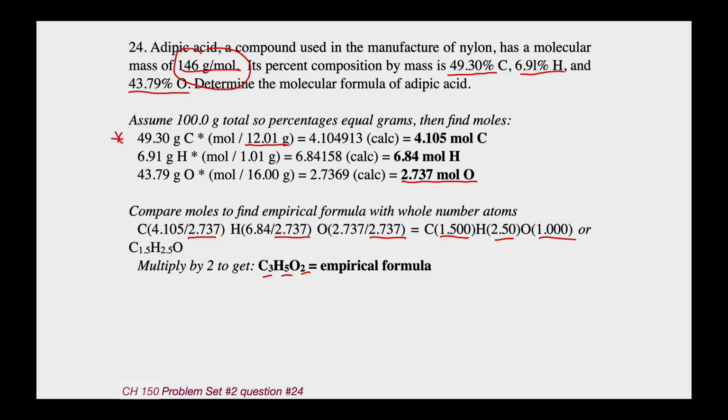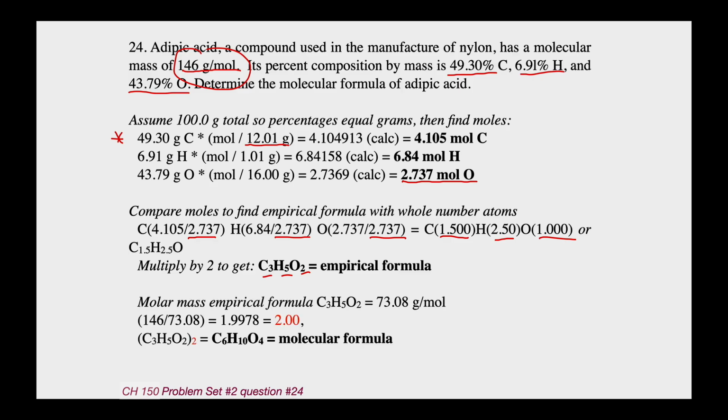If the C3H5O2's mass comes out to be 146, then the empirical and the molecular formula is the same. However, if you get a different ratio, we can multiply that ratio by C3H5O2 to find the molecular formula. So the molar mass of C3H5O2 comes out to be this number, 73.08.